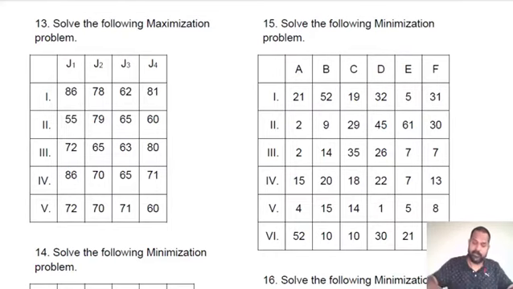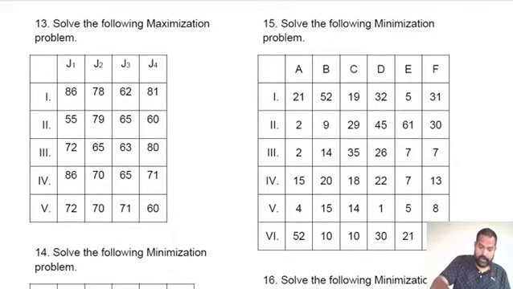Let me write down the question. 86, 55, 72, 86, 72. 86, 55, 72, 86, 72. 78, 79, 65, 70, 70, 62, 65, 63.